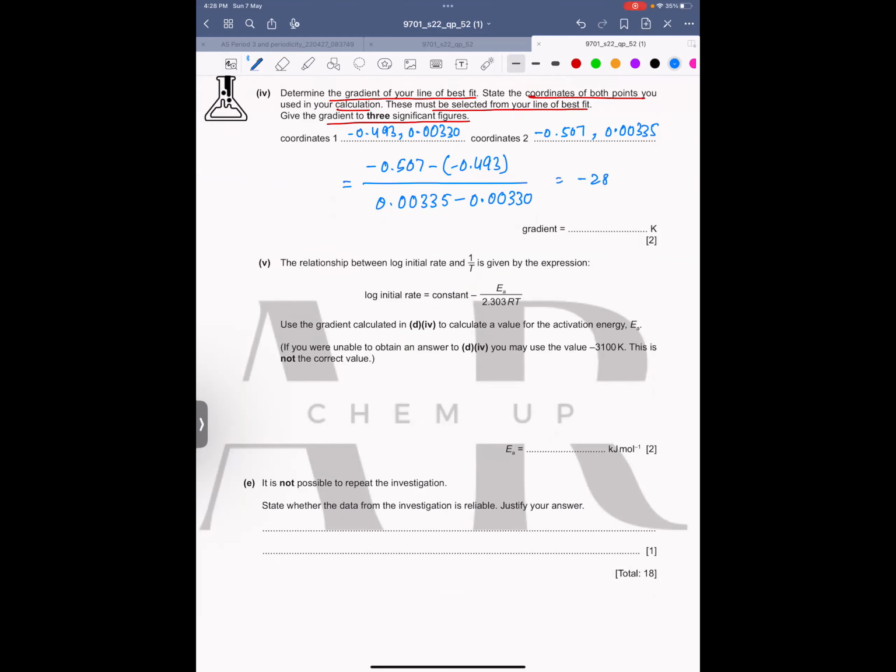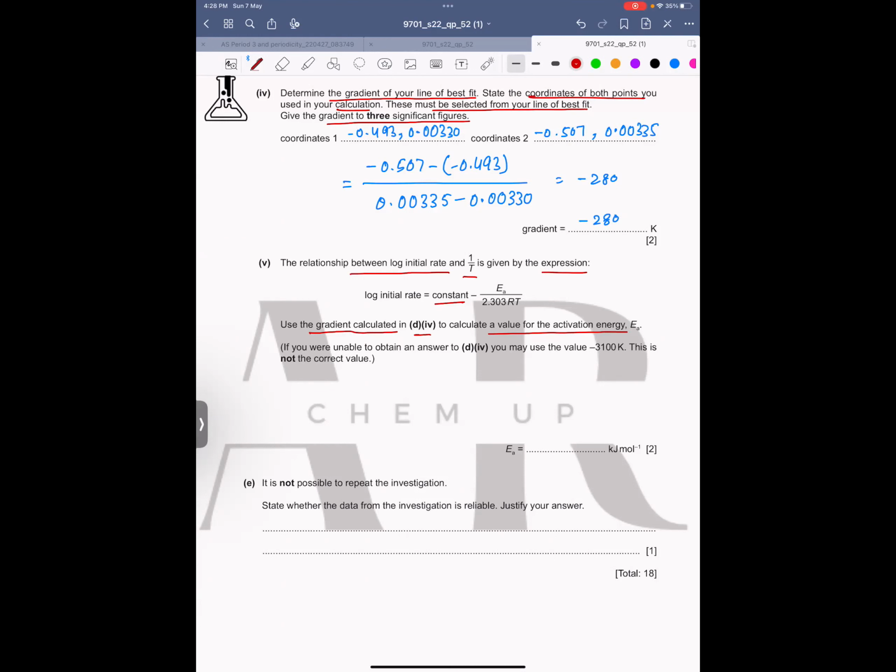Negative 280. Okay. Now, the relationship between log initial rate and 1 over T is given by this expression. Okay, here we have a constant. Use the gradient calculated in D4 to calculate the value of activation energy. If you were unable to calculate, okay, we have calculated the value.